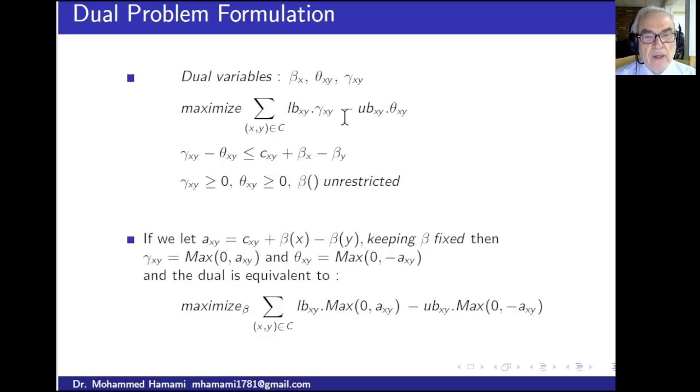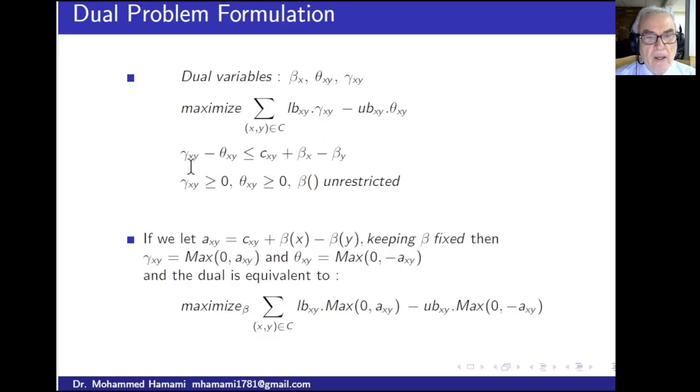So here we read the objective. We read the right side of the primal, and that gives us: maximize, over all the arcs in C, LB of xy times gamma of xy minus UB of xy times theta of xy. Remember, we changed the constraint f greater than or equal to LB to minus f greater than or equal to minus UB. That's why this -1 comes from.